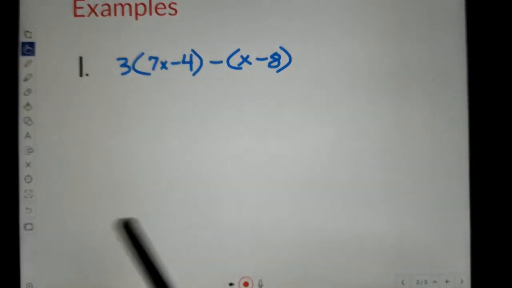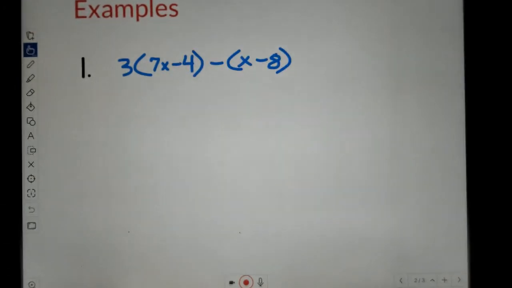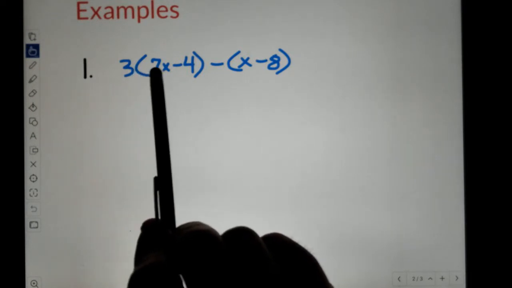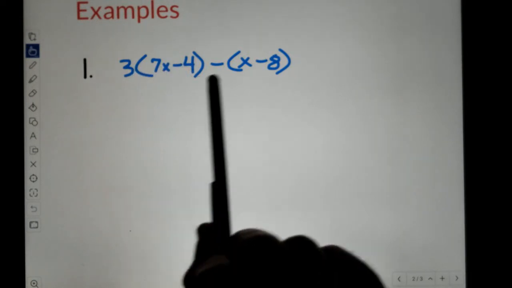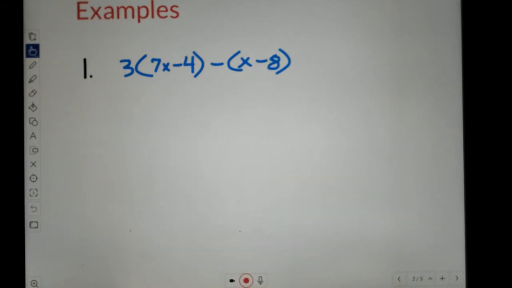All right, in this example 1, you can see here that it says 3 times 7x minus 4 minus x minus 8. So we have to use the distributive property.